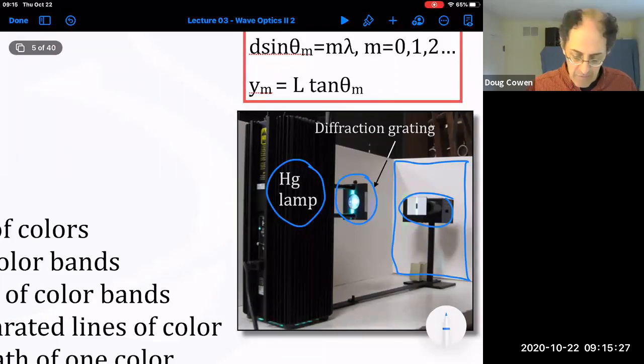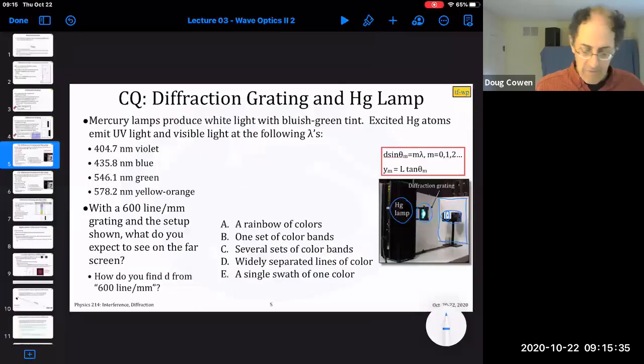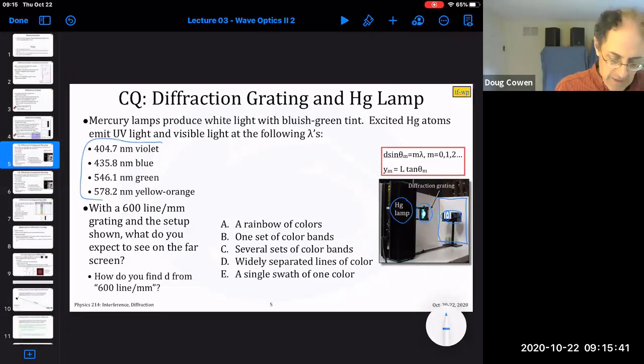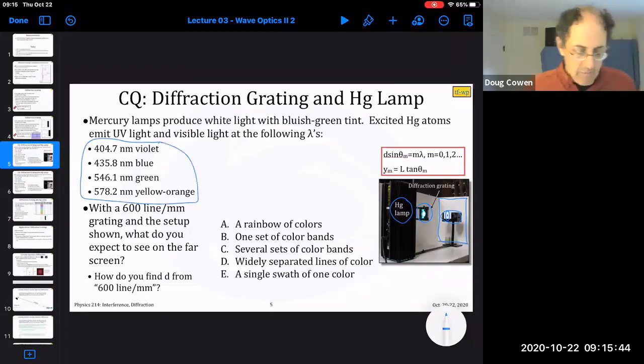So you can see that it's basically seeing all the colors merged together. But the question is, what will you see if you look off of the central maximum for mercury light that is made up of, I should say, these 4 different wavelengths?